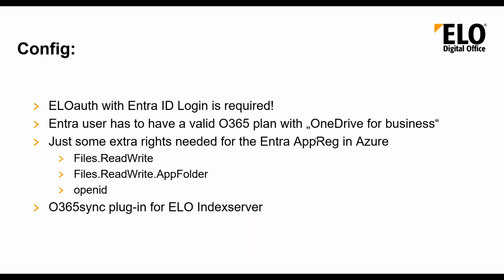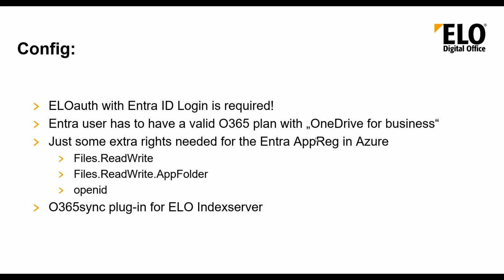So, configuration: you need the ELO Auth. Of course, you need to have a OneDrive for Business license, which is included in almost all Microsoft Office 365 licenses. You need some extra rights for the app registration in Azure: files read write app folder, and OpenID.